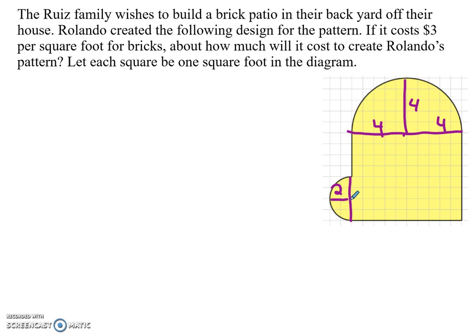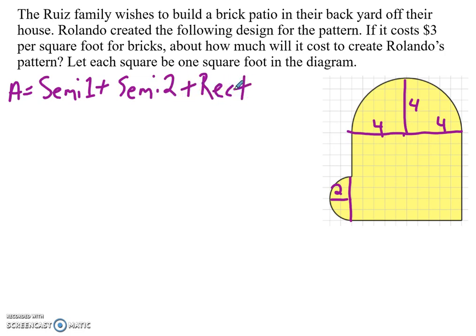So first thing I need to do is find all of my areas. So I know that the area will equal, I'm going to call it semicircle 1 plus semicircle 2 plus the rectangle. And I'm abbreviating everything just to keep it shorter. So my semicircle is half of a total circle, and the area of the circle is 4 squared times pi.